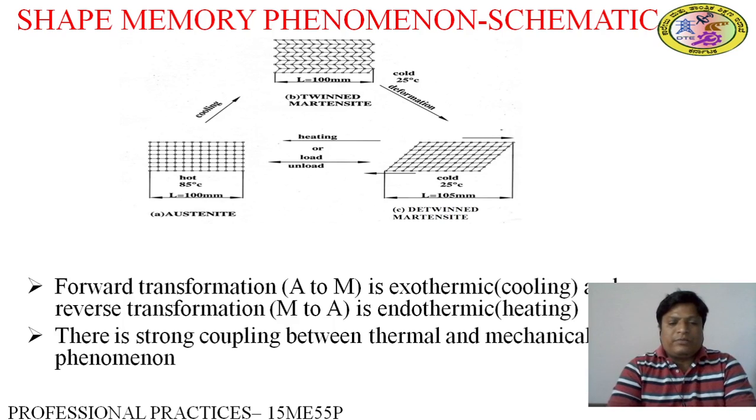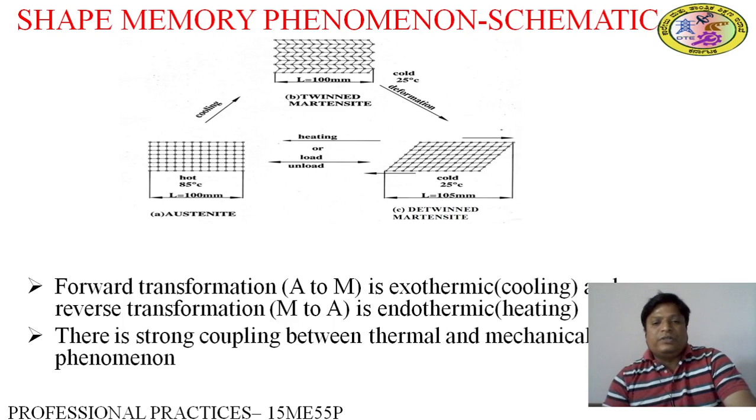The forward transformation takes place during cooling: austenite transforms to martensite. The reverse transformation, M to A, martensite to austenite, is endothermic, which means heating.